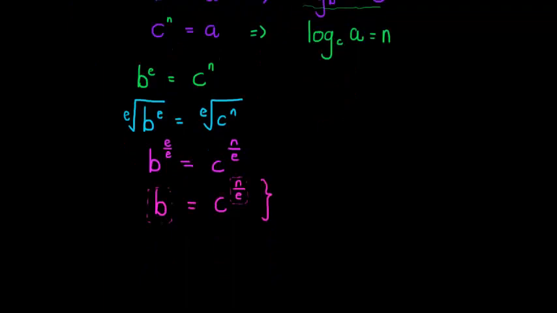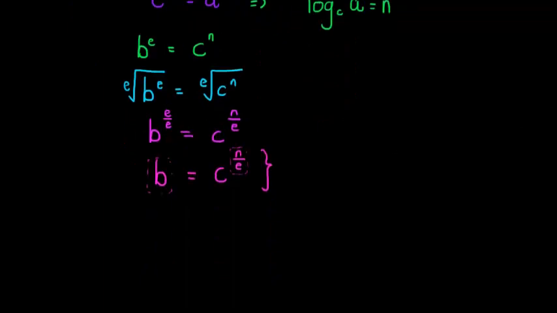I know this must be very confusing to some of you, but if you watch it a few times, you might follow it. So if I change this into logarithmic form, I get that log base c gives me an answer of b if I give c an exponent of n over e.